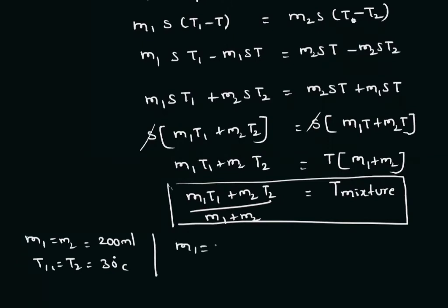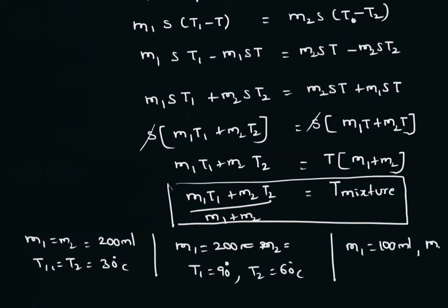M1 equals 200 ml and M2 is also 200 ml, but T1 equals 90 degrees Celsius and T2 equals 60 degrees Celsius. Whereas in the third one, M1 equals 100 ml, M2 equals 200 ml, and T1 equals 90 degrees Celsius and T2 equals 60 degrees Celsius.